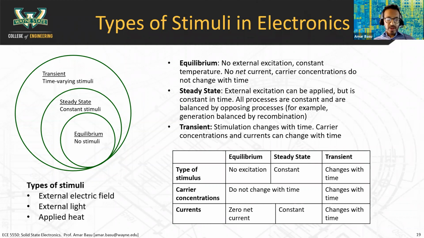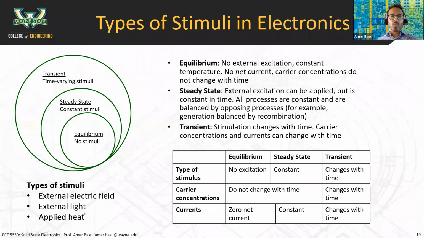In chemical engineering, we can apply a chemical and then we look at the response of the chemical reaction, things like that. In electronics, the types of stimuli often include an electric field. We talked about that a few classes ago. A drift current is a result of an electric field. Last time in class, we also talked about light. If we want to generate carriers in an electronic material, we can shine light on it. We could also apply heat, which generates electron hole pairs as well.